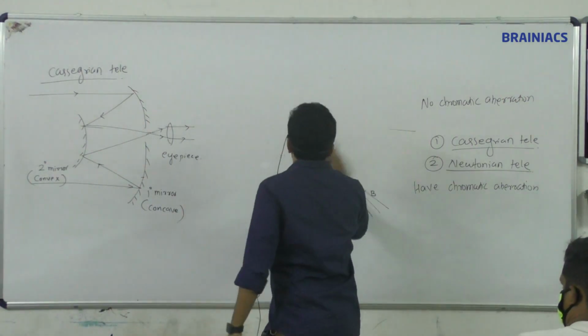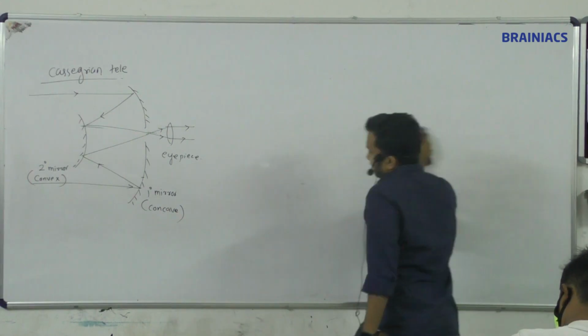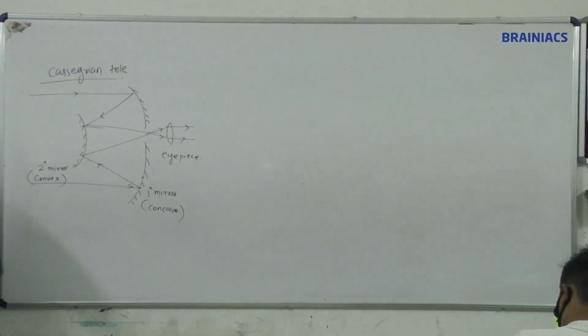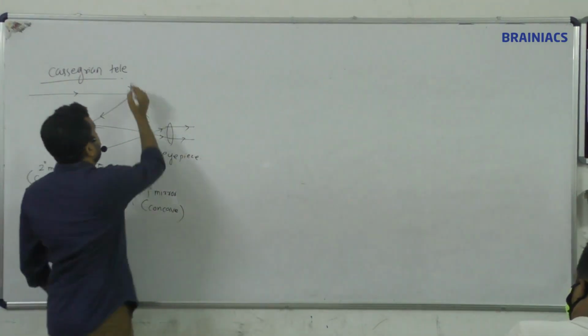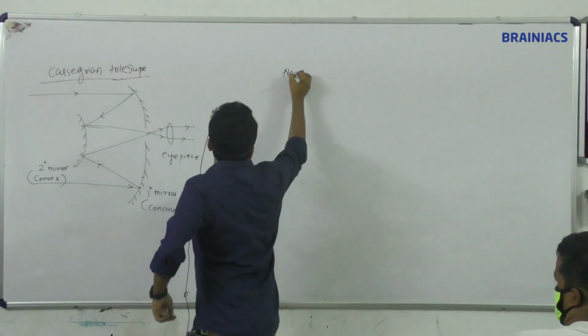The Newtonian telescope is similar, but the difference is in the structure. Newtonian, you can also draw this one.